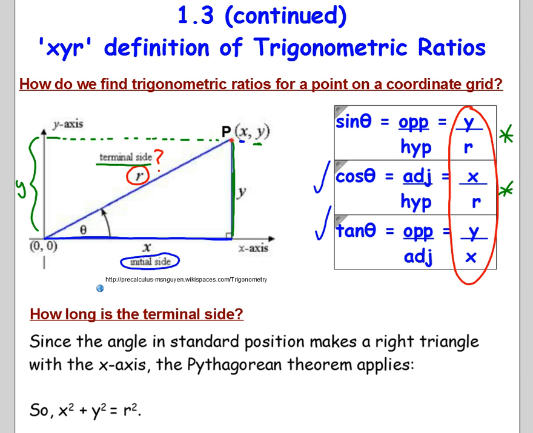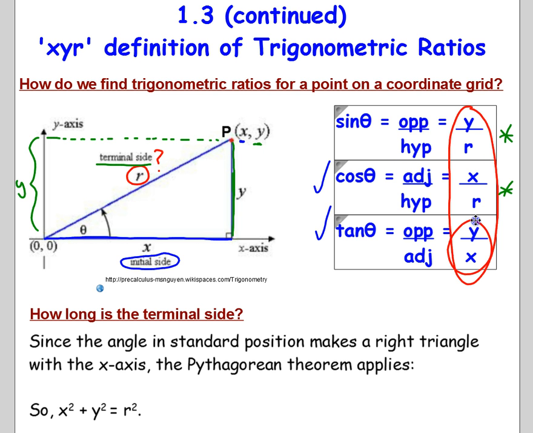So remember that whenever one of the coordinates changes sign, the tangent ratio will also change sign. If they were both to change sign, then the tangent ratio would stay the same. And if we extend into quadrant 3, both y and x are negative, and that would give us the same ratio as a quadrant 1 angle.